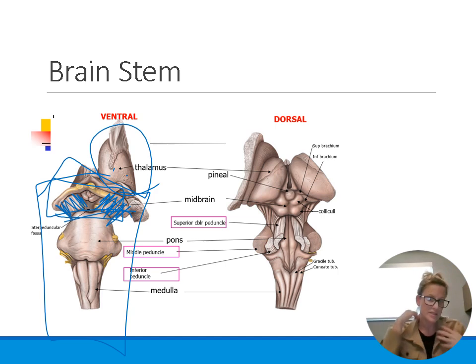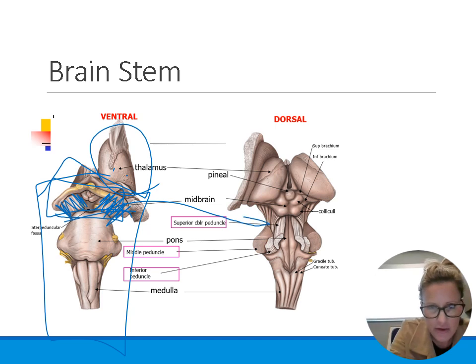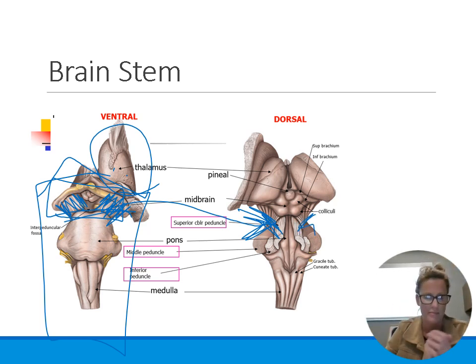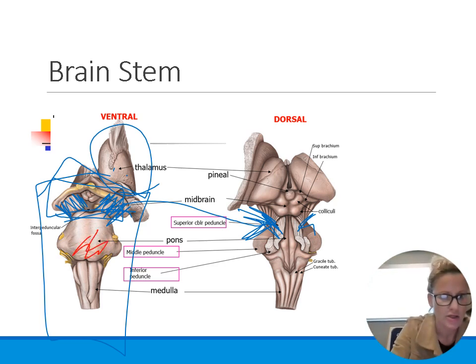These are the tracts that have connections going back to the cerebrum and to the cerebellum. If you look at the back, you can see where those come around and connect to the cerebellum. Then looking down below that, here I'll do red, you can see the pons.